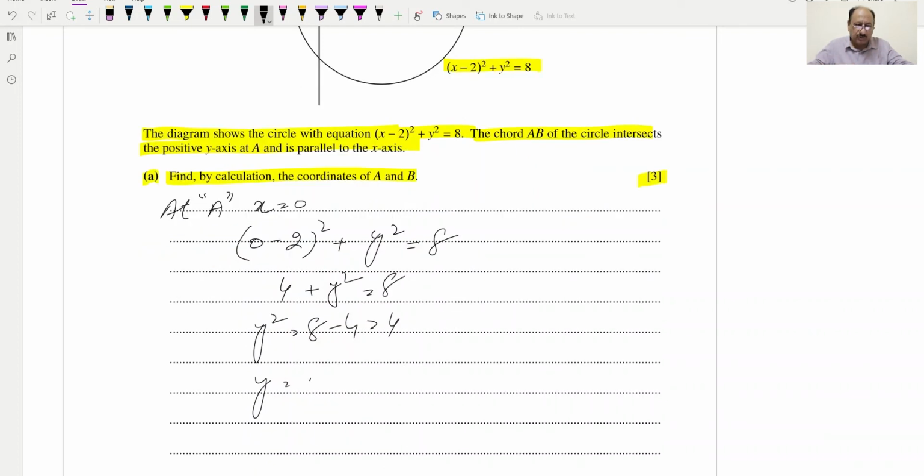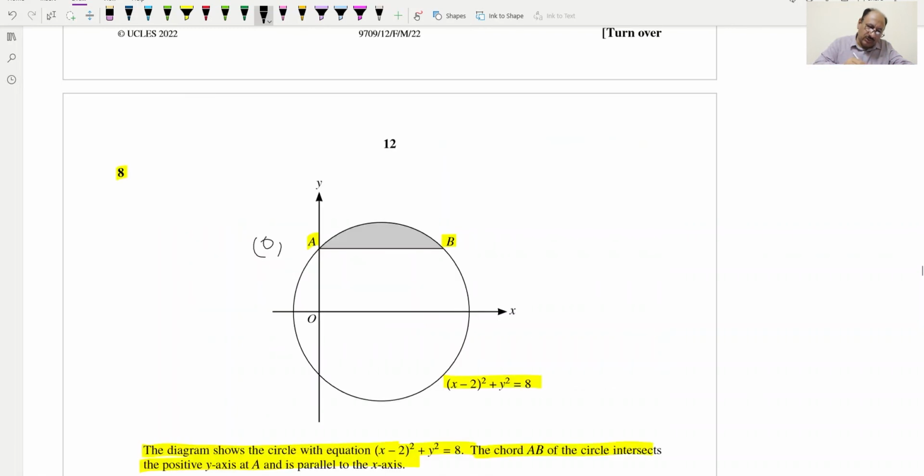This is positive 2, so we can take it as y, our point will be 0 and 2. So coordinates of A we can write 0 and 2.